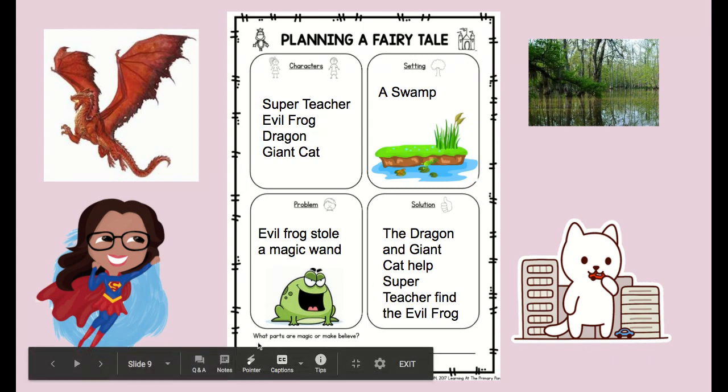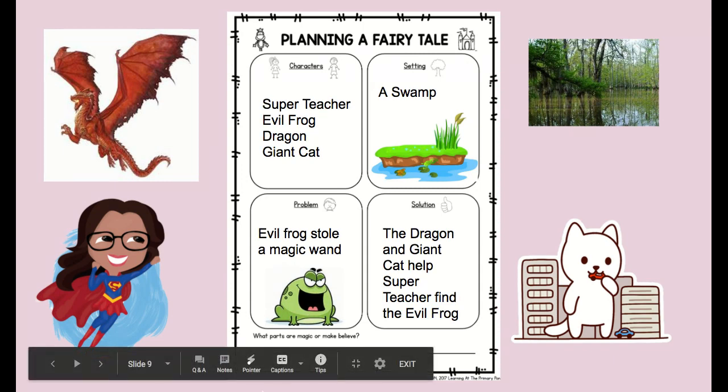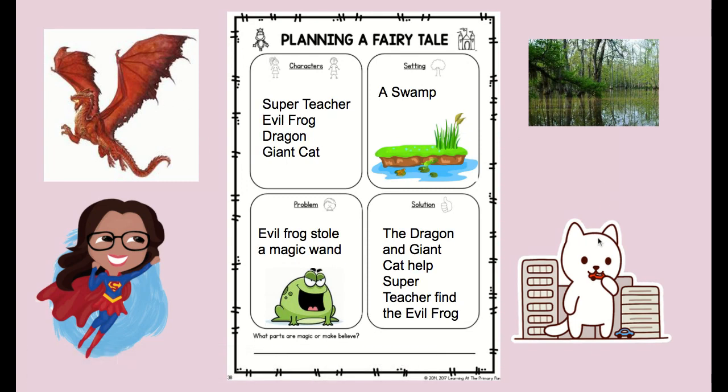And then at the bottom, the question is, what parts are magic or make-believe? So the parts in my story that are magic is that there's a talking frog, a super teacher, and a dragon. Well, cats are real, but not giant cats. So my characters have magic because normal cats are not super big, right?